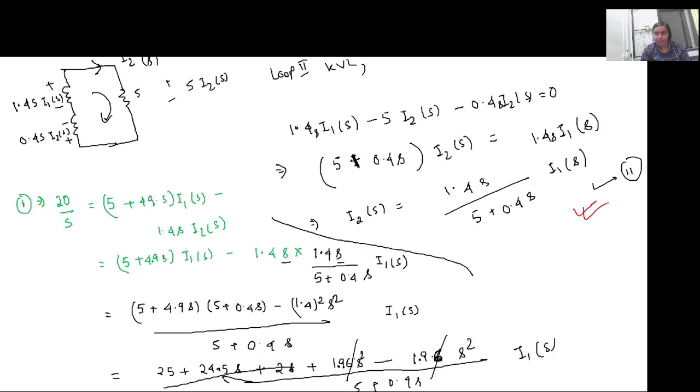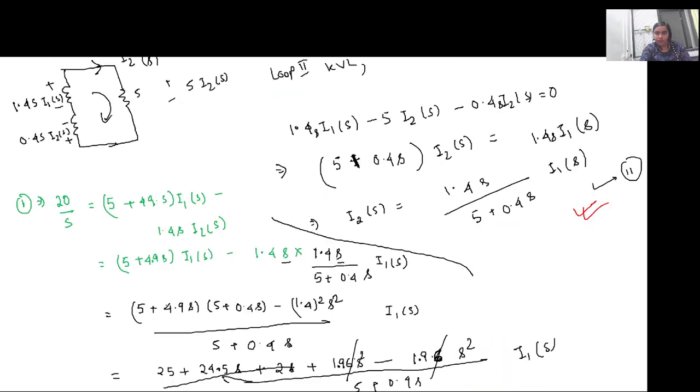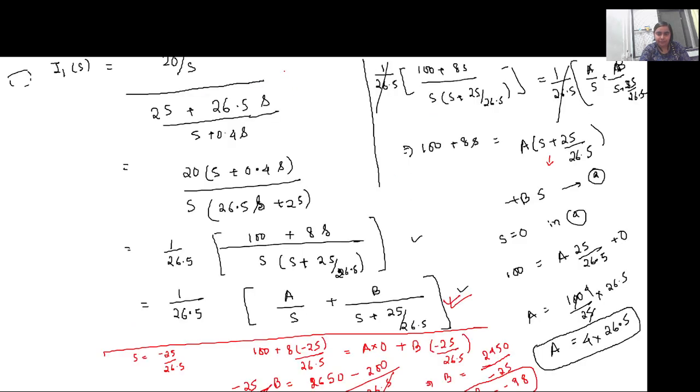Now just plug this I1 of t in equation 2. You have the relation between I2 of s and I1 of s, right? So I2 of s will be 1.4s by 5 plus 0.4s into, so you can just plug in this particular value, right?